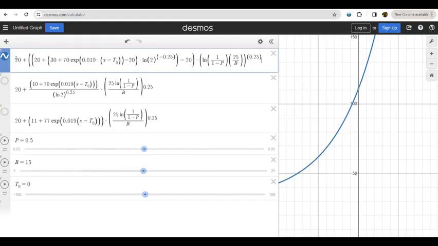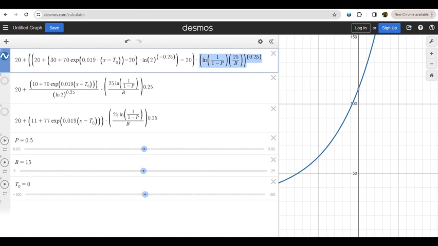And then outside of that, we're going to do the Kmat equation. It's basically all of that Weibull, that K naught from the Weibull equation, minus 20, and then multiply that by the natural log of 1 over 1 minus p, the probability of failure, and the sample size, 25 over b, the sample width.